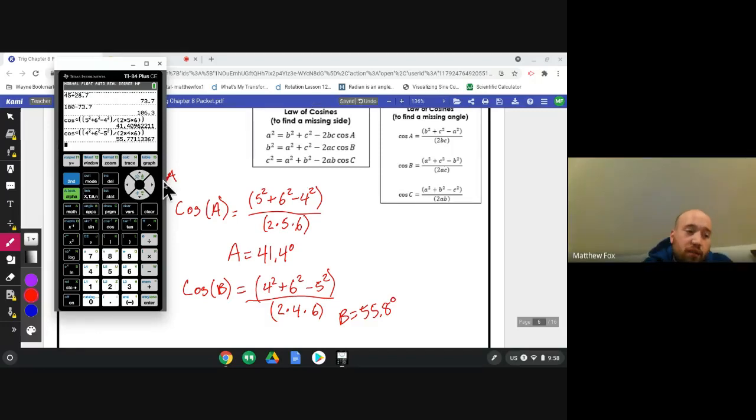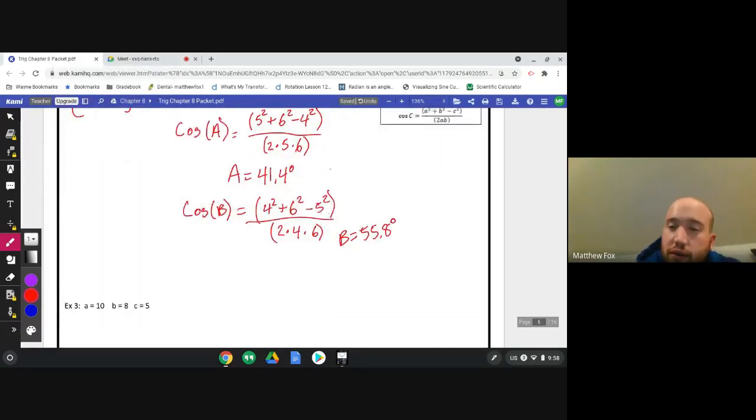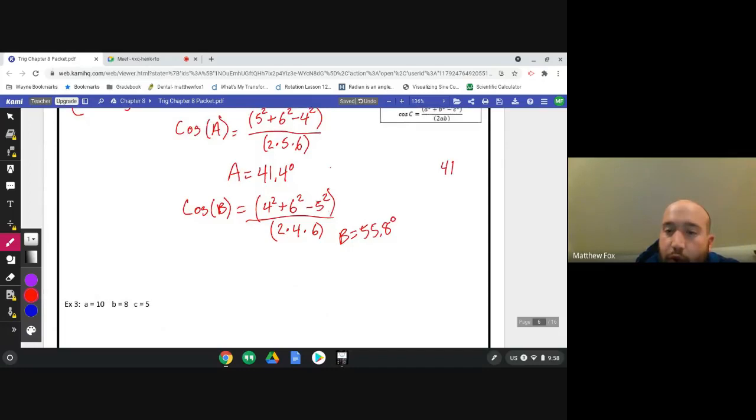And from here, the last one is the easiest. We have 2 angles. We can just find that third one. Over here, I'll just do what is 41.4 plus 55.8. So we'll get 2, we'll carry the 1. That'll give us 7. 5 plus 4 is 9, so 97.2.